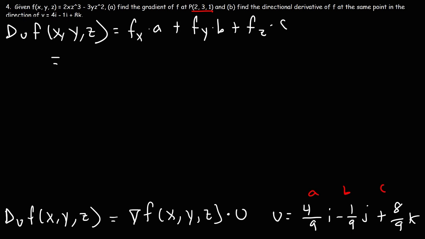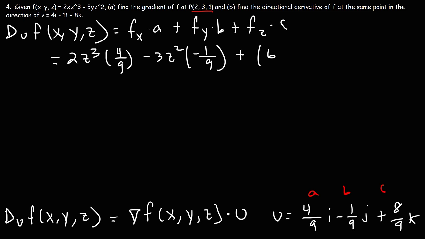So looking at my notes, f sub x was 2z to the third power, and this would be times 4 over 9, and then f sub y, that was negative 3z squared, that would be multiplied by negative 1 over 9, and then f sub z is 6xz squared minus 6yz, and that will be times 8 over 9.